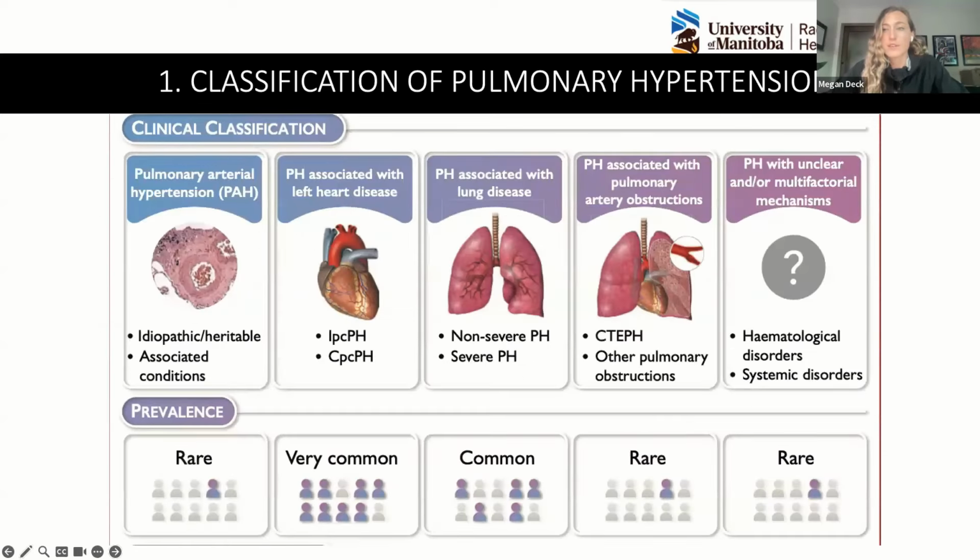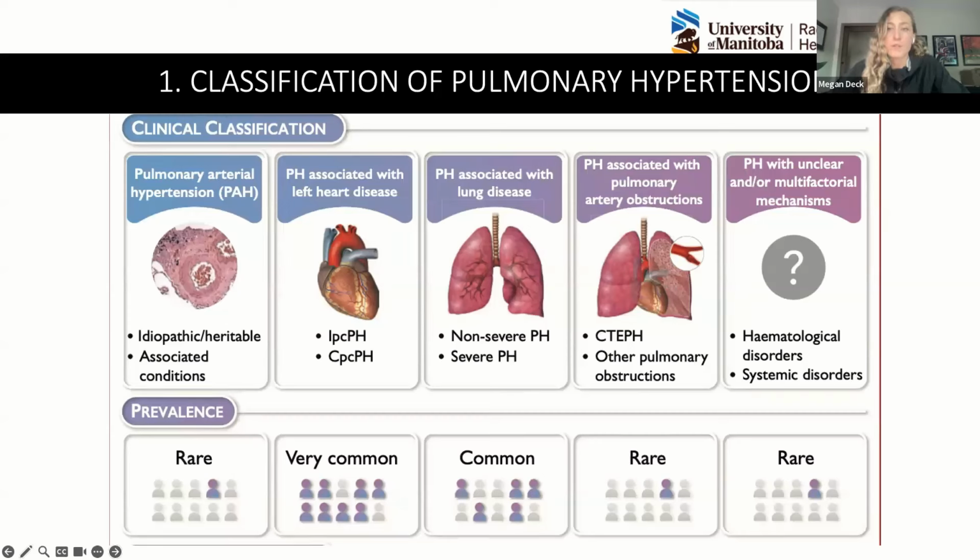The clinical classification of pulmonary hypertension has evolved over the years from the 1973 World Health Organization Symposium to the 2018 World Symposium on Pulmonary Hypertension. The clinical classification categorizes conditions associated with pulmonary hypertension based on similar pathophysiologic mechanisms, presentations, hemodynamic characteristics, and therapeutic management.